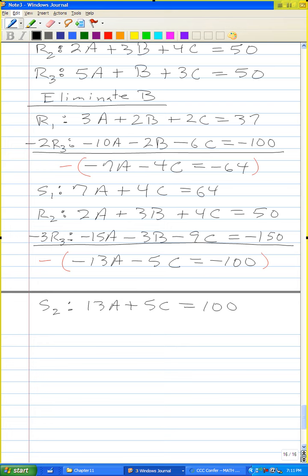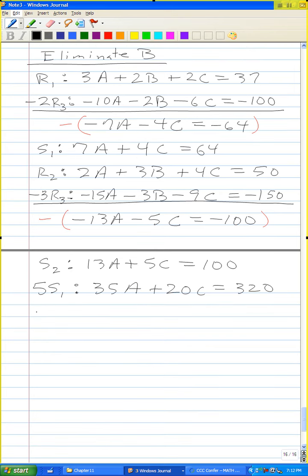So S1. I guess I'll eliminate C is probably the best one. So I'll do 5S1. So 35A, 20C, 320, and then negative 4S2.